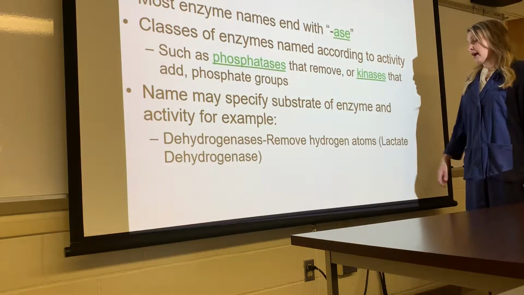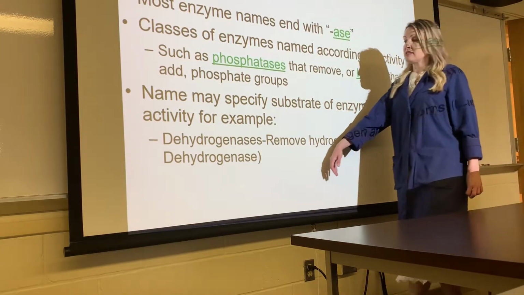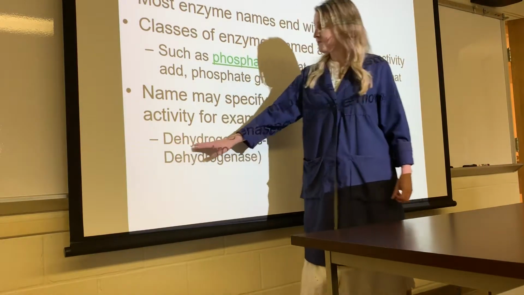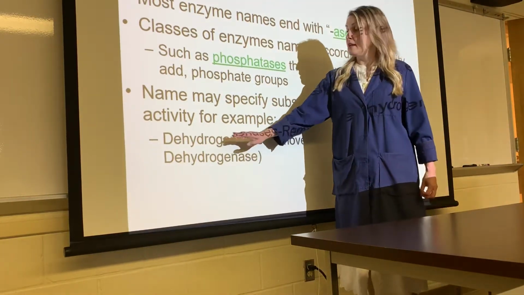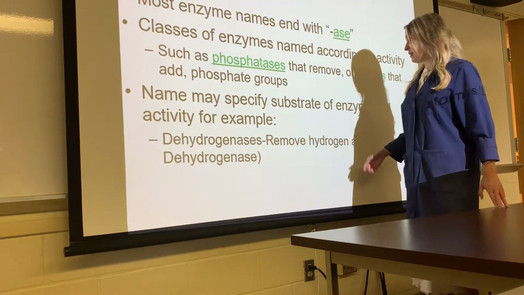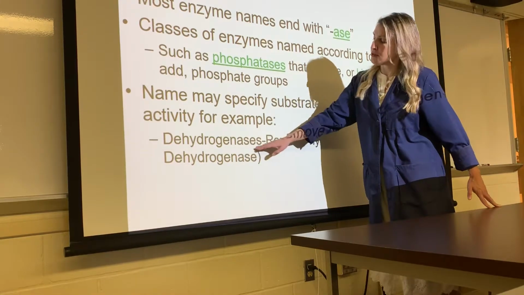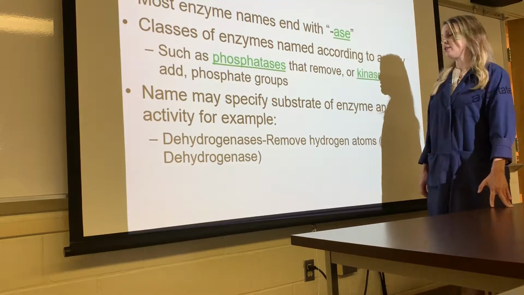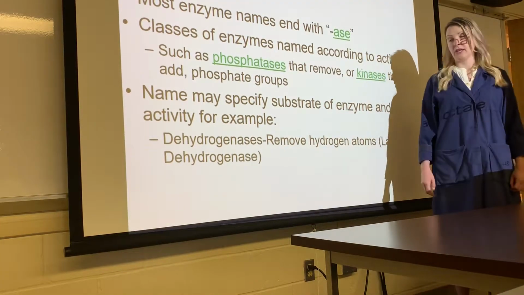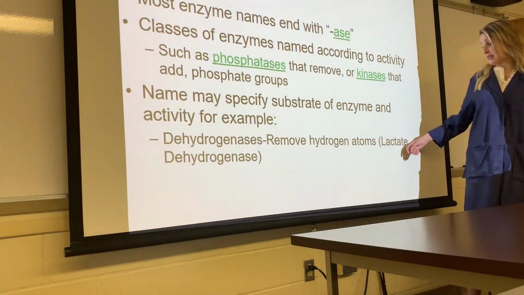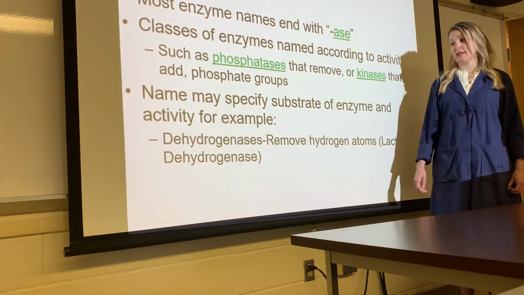Dehydrogenases remove hydrogen atoms. You see the prefix D, that means to take away. Hydrogen is, of course, hydrogen, and it's an enzyme, so it's ASE. So a dehydrogenase removes hydrogen atoms. An example of this is lactate dehydrogenase.